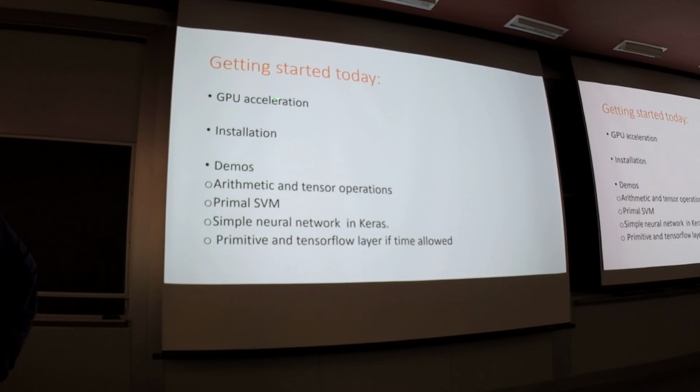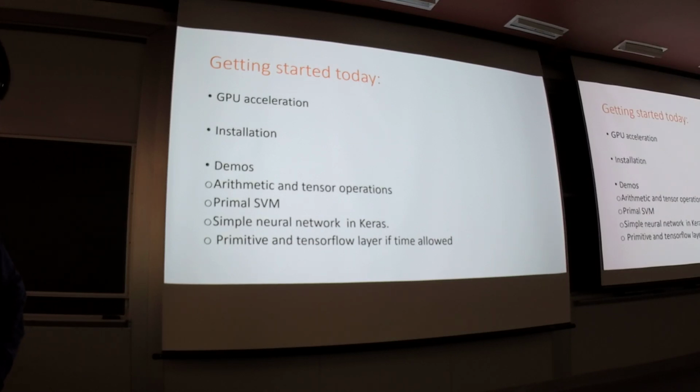So today we are going to demo the arithmetic operation and tensor operation in TensorFlow, and how to use it to build a primal SVM. Why not the dual SVM? Because in the dual form of SVM, we are doing constraint optimization.